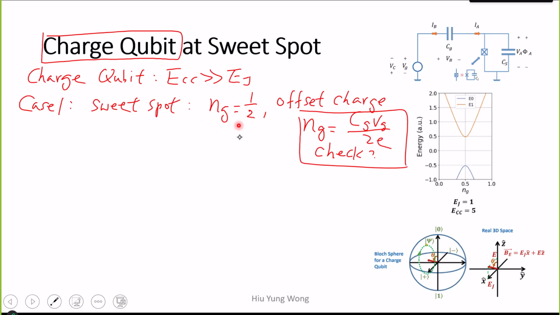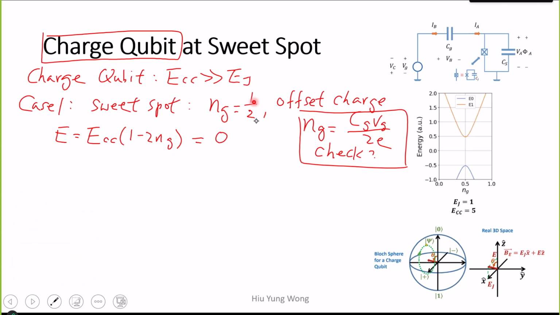So how do we control Ng? We control it by adjusting Vg, right? 0.1 volt, 15 millivolt or whatever, 1 volt, so that you have the right Ng. When you have Ng equal to 1/2, E, which is ECC times 1 minus 2Ng, is going to be 0. Right?